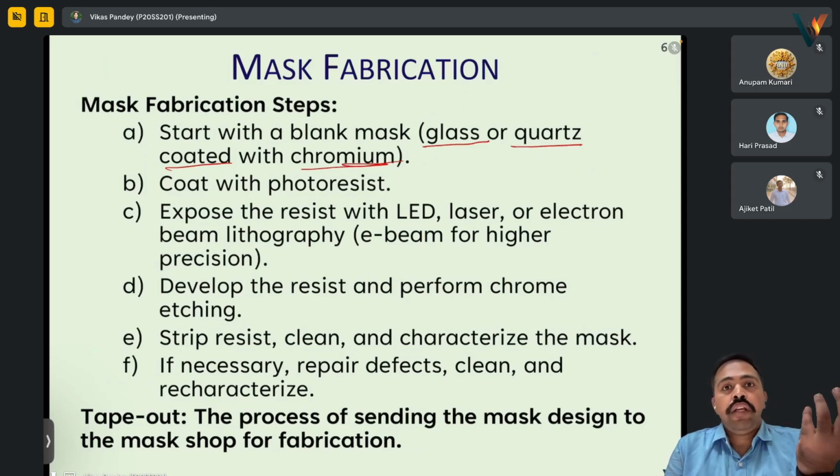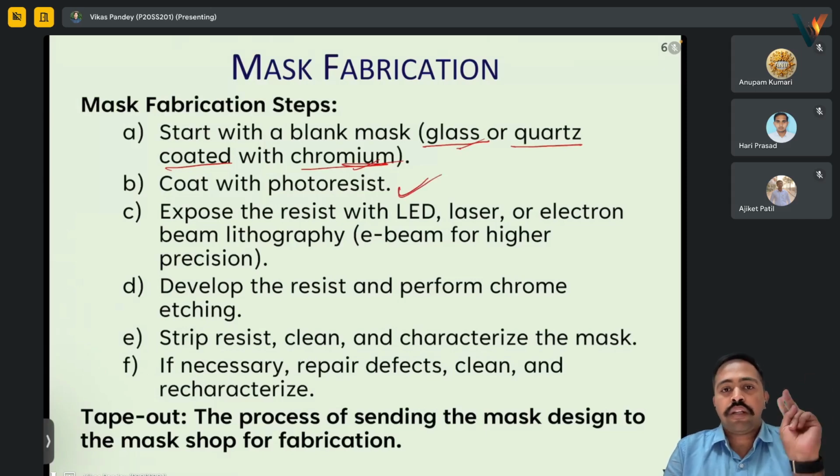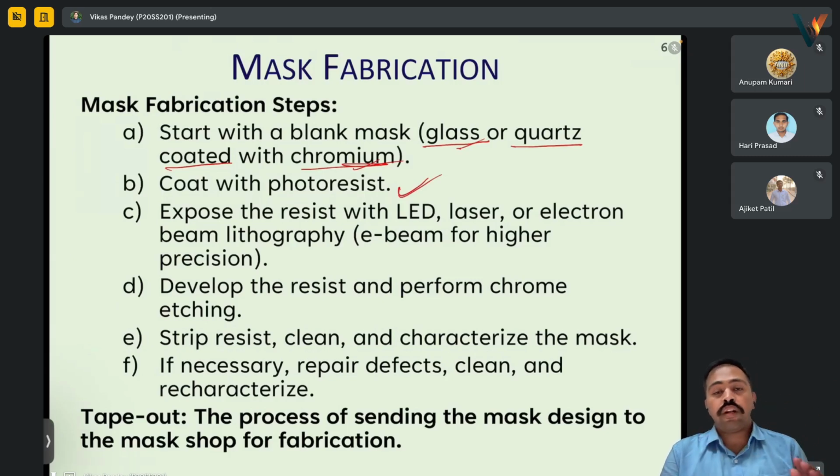When we go for buying this commercially, we will get two types of such blank mask. One just with glass and chromium, or quartz and chromium, and the second type which has the photoresist pre-coated on it. The ones with photoresist pre-coated have a lower shelf life, although it is very well coated, which is not very easy to replicate in a lab environment.